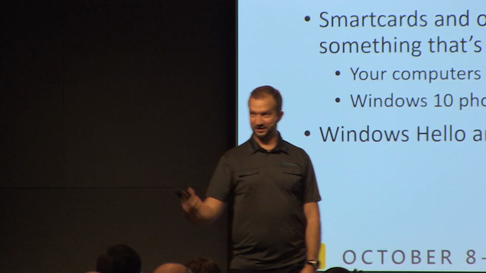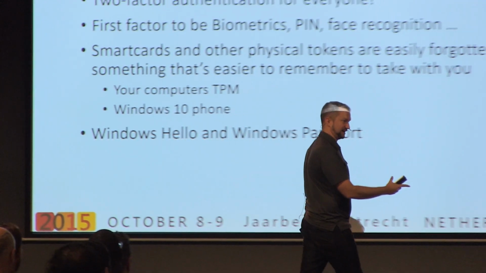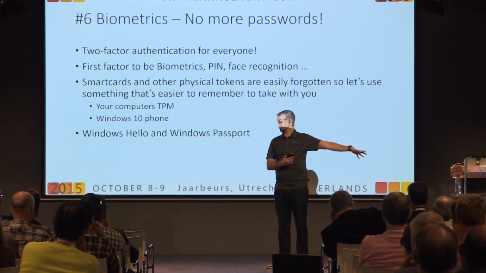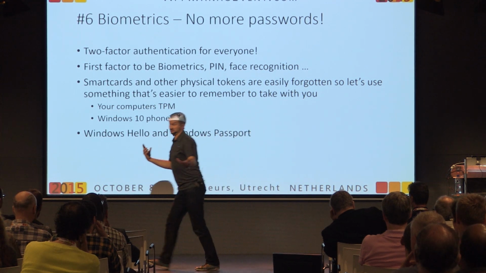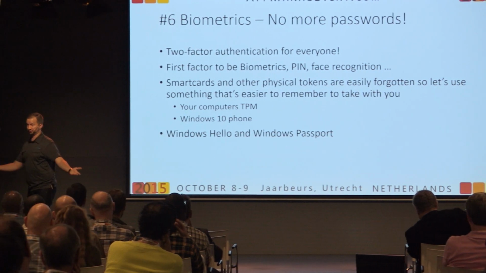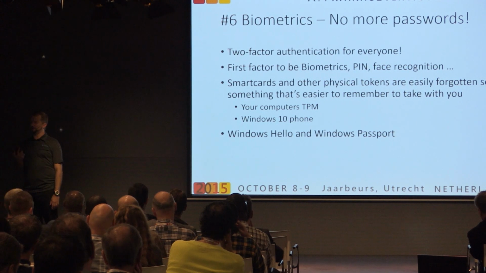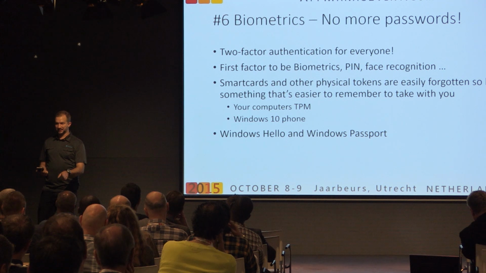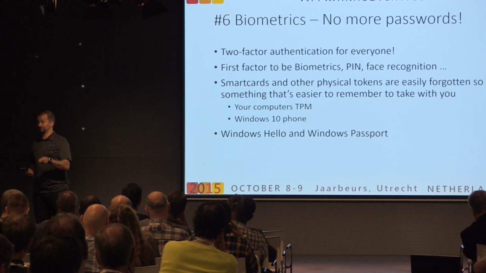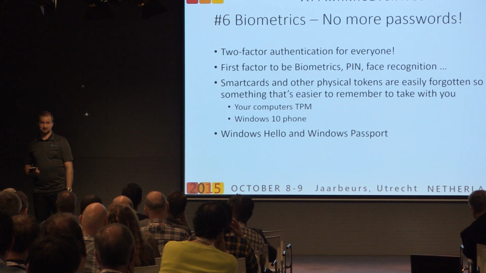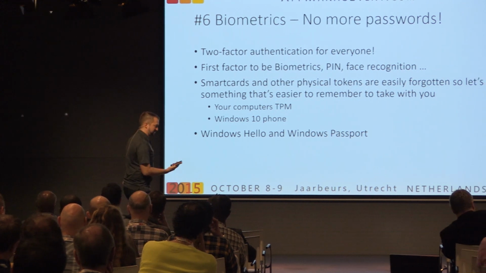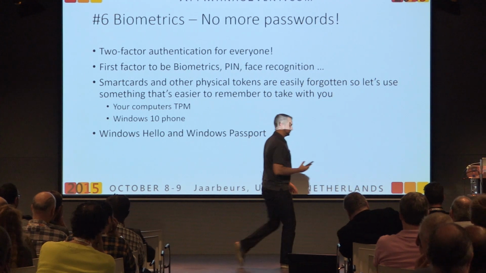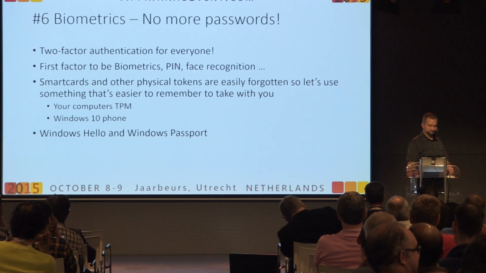As long as this one is in the proximity of that device, I can log on to that box. Now I only have to carry this with me, so it's easier to travel from one computer to another. And people don't forget phones. Well, actually, people forget phones at home as well, like they do their smart cards, but the difference is that they'll drive back home to get it. That's why they have changed this to be phones rather than smart cards.